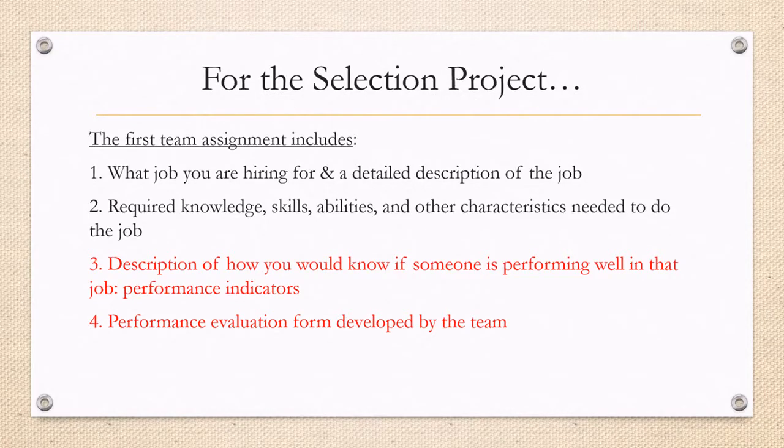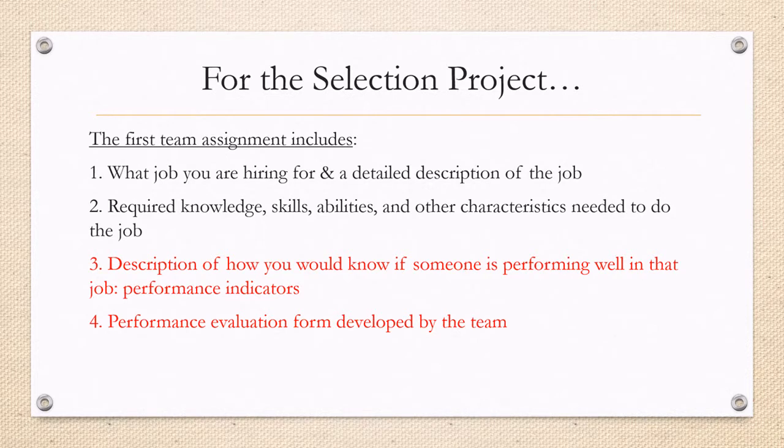And I would like you to actually do these steps, not just watch what I do. So for the selection project, your instructions are first to determine what job you're going to hire for, write a detailed description of the job, and write up the required knowledge, skills, and abilities and other characteristics needed to do that job. Then these third and fourth pieces are what we're going to focus on today.